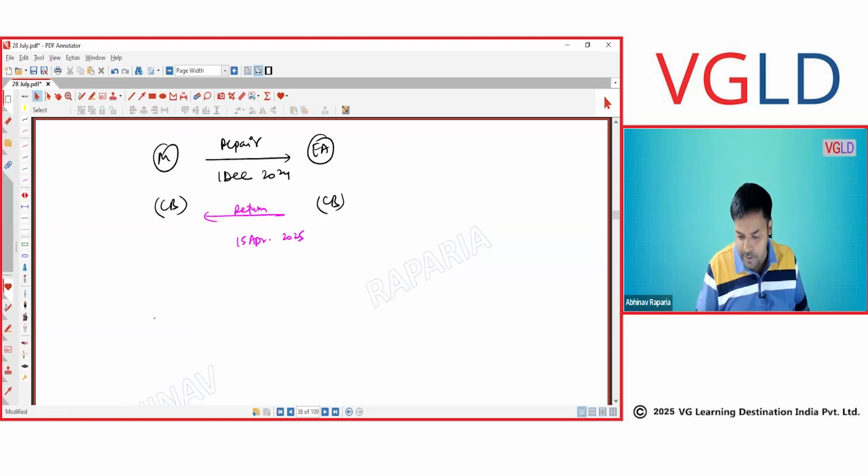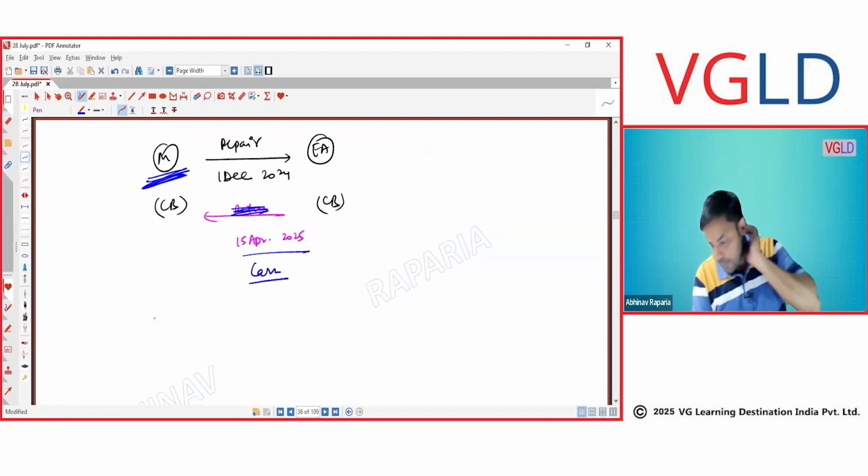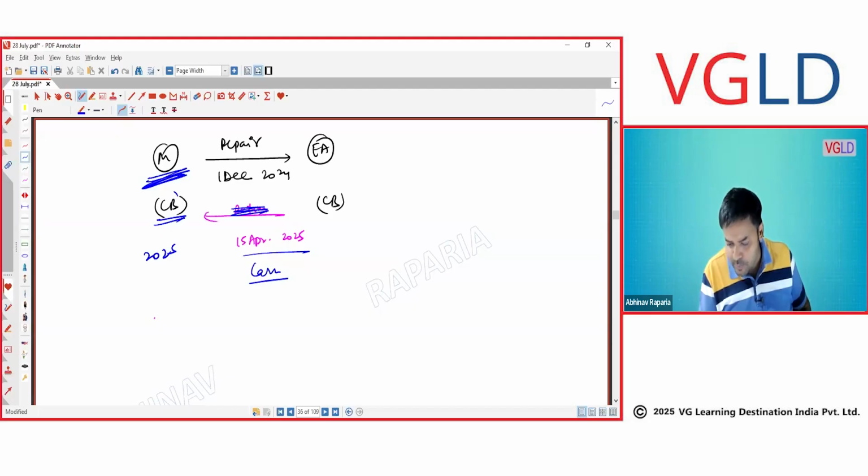Look first at the mechanic's angle. The mechanic is cash basis, and EA, let's assume, is not filing the return. EA is giving the cash on 15th of April 2025. So when is the mechanic going to book the income? Obviously in the year 2025, because you are a cash basis taxpayer. Point clear, Amrita?